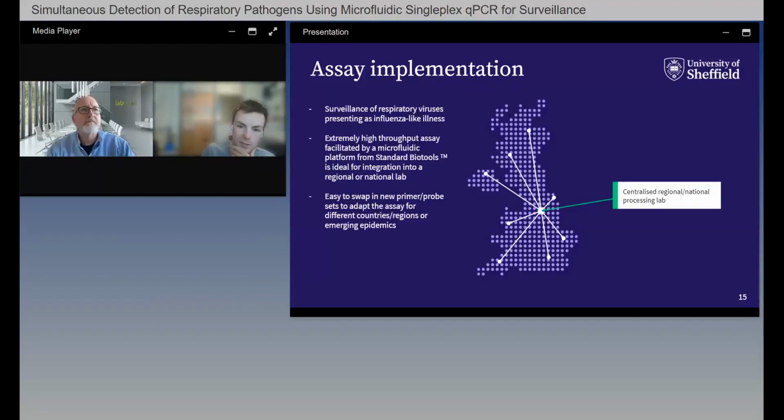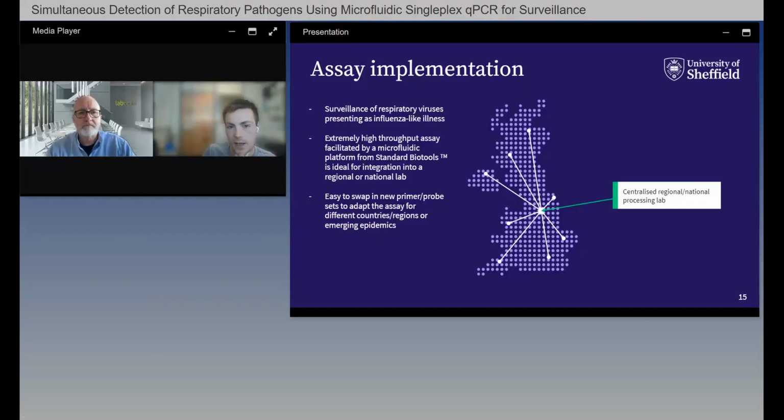But what you don't want is your RNA and your swabs sitting in freezers for weeks and months, because it's going to take you a while to collect your data, and also they can be degrading. So it's always best to try and test these types of samples as soon as you can, batch them together.